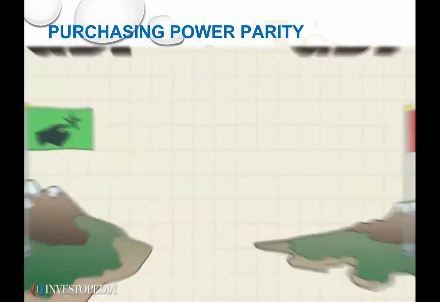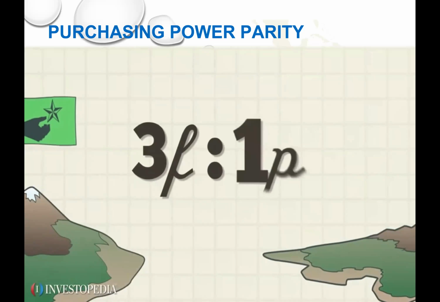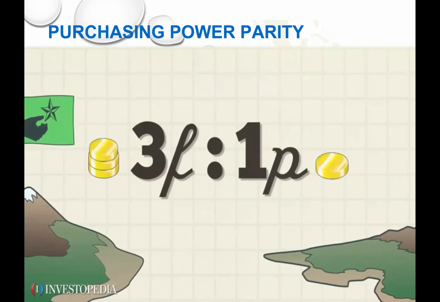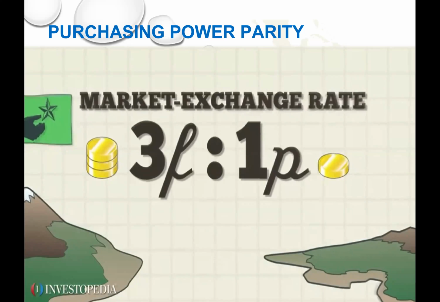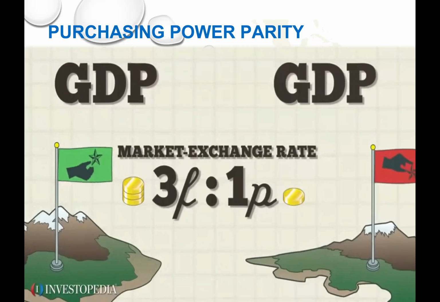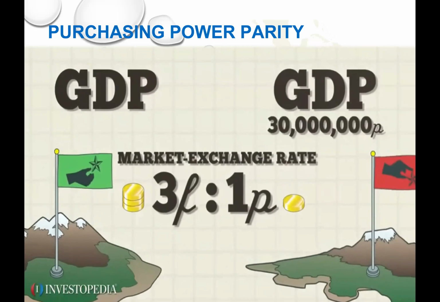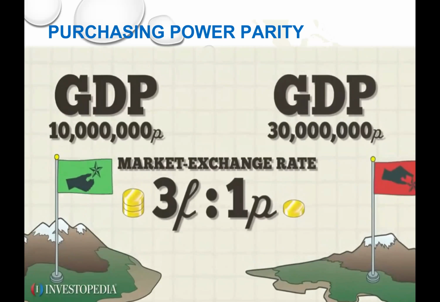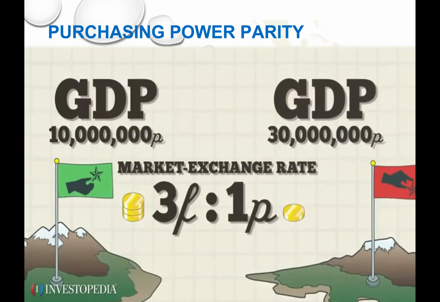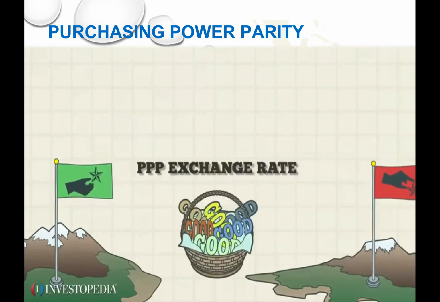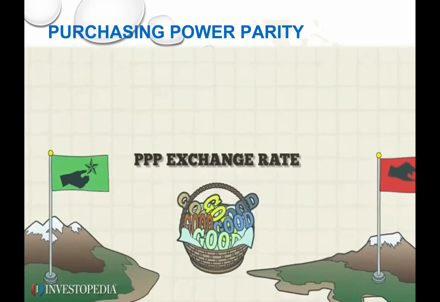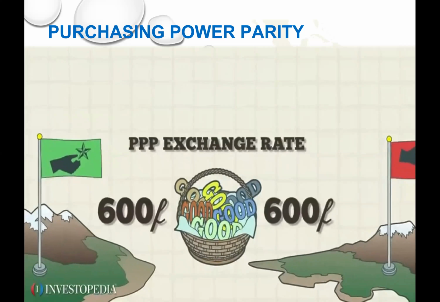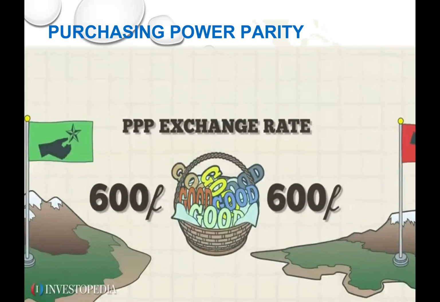It takes 3 Freonia dollars to buy 1 Controlia pound. So using the market exchange rate to compare GDPs, it would look as if Controlia's GDP were 3 times the size of Freonia's when expressed in the same currency. Using the PPP exchange rate would eliminate this bias and show that the GDP for each country is the same.